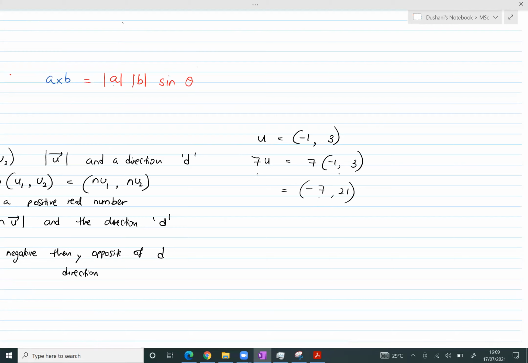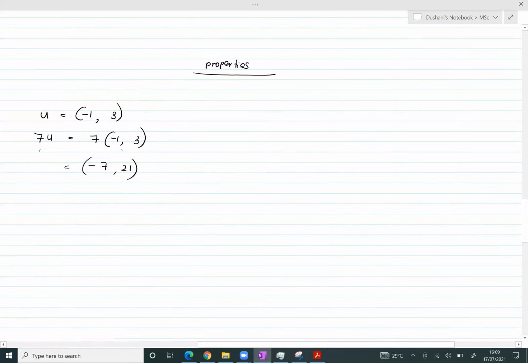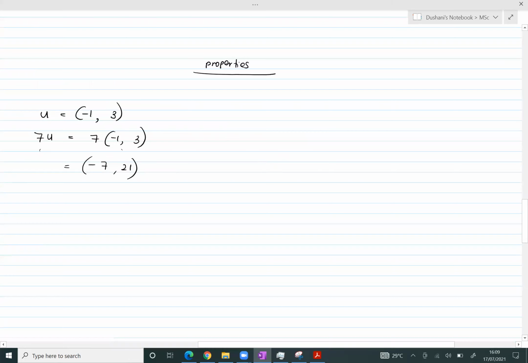Okay, so there are several properties when it comes to scalar multiplication. The magnitude of the scaled vector is equal to the absolute value of the scalar times the magnitude of the vector. Say for example, if v is the vector and c is the scalar, the magnitude of the scaled vector is equal to the absolute value of the scalar times the magnitude of the vector.